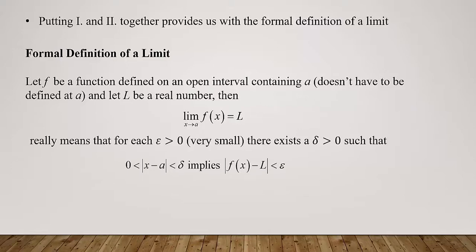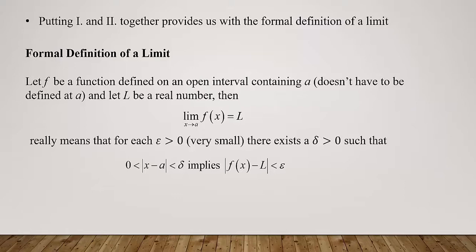such that when 0 is less than the absolute value of x minus a is less than delta, that implies the absolute value of f of x minus L is less than epsilon. So that's using 1 and 2, putting them together.